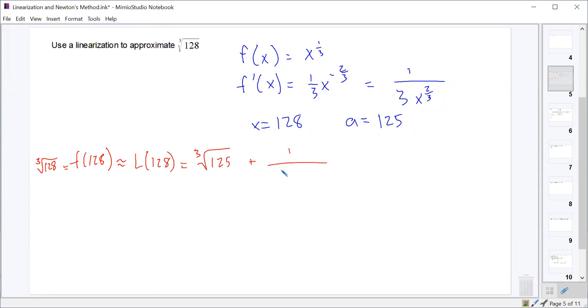So that'll be 1/3 times 125 to the 2/3 times x minus a. Everybody good with our setup? That's our linearization formula from before: f of a plus f prime of a times x minus a.